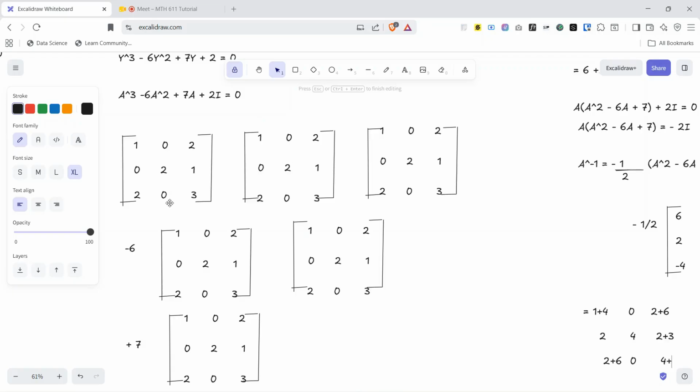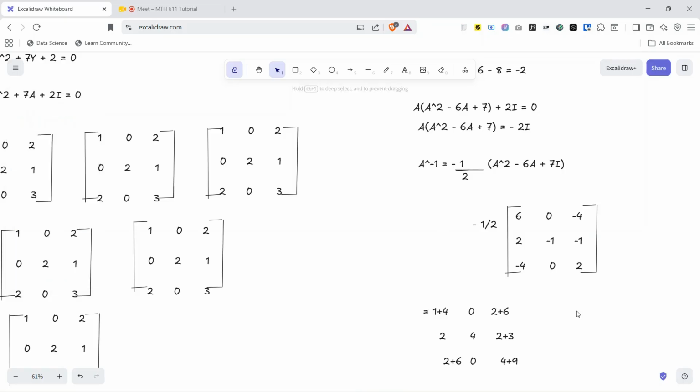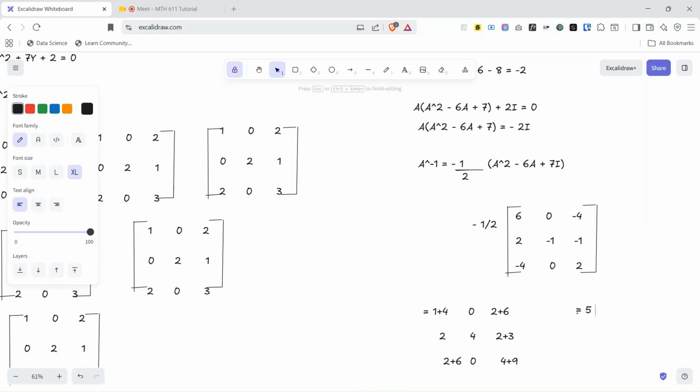Plus 0 times 0 is 0. 3 times 3, 9. So this will now give us 5, 0, 8; 2, 4, 5; 8, 0, 13.